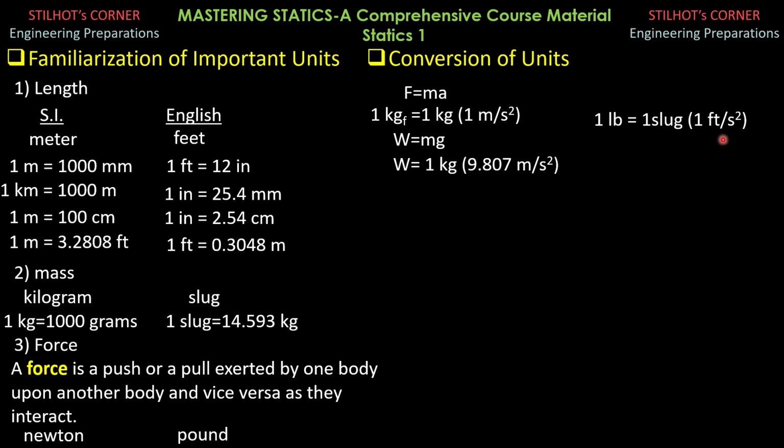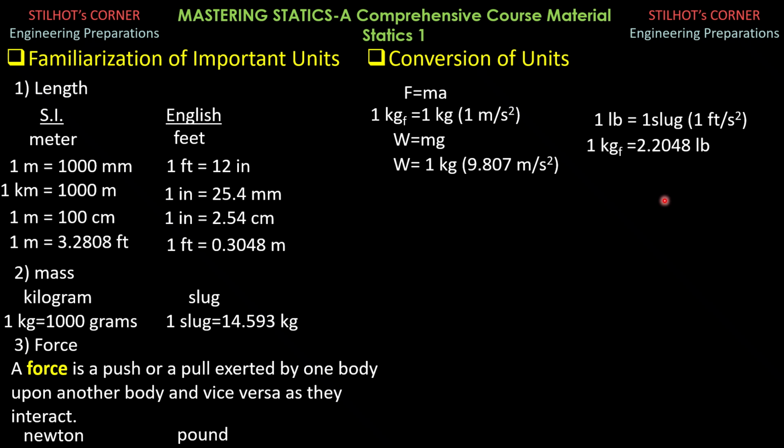So 1 kilogram force, you need to memorize this or be familiar with this, is equal to 2.2048 pound force, or just simply pounds, it is understood force. Or you can have it 2.205 pounds if you're familiar with it, but the more accurate value is 2.2048.